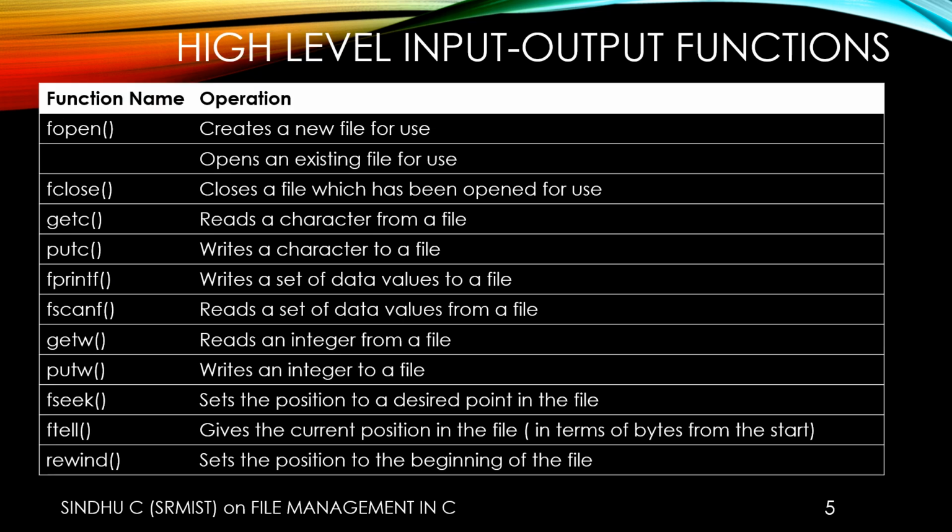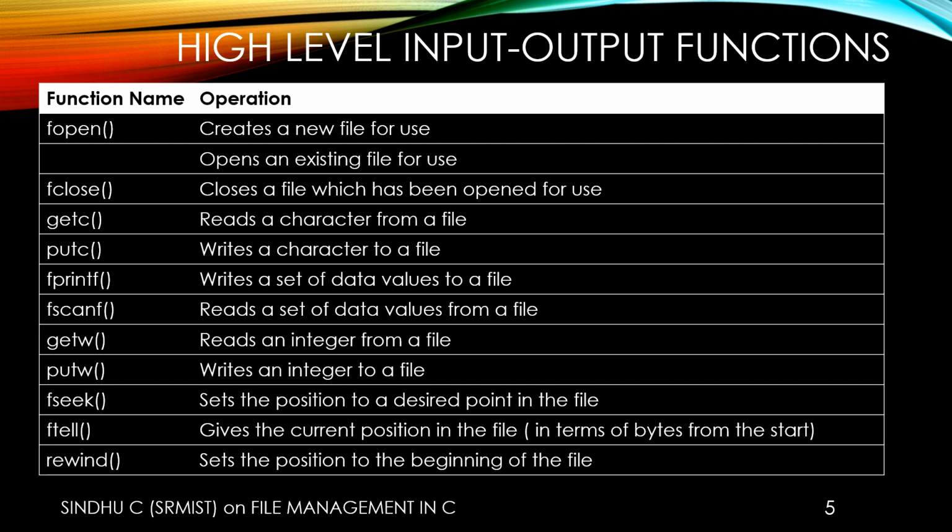Here is a list of high level input output functions available for file operations. The first one is fopen, which creates a new file for use. If the file already exists, it opens it for use. The second one is fclose.